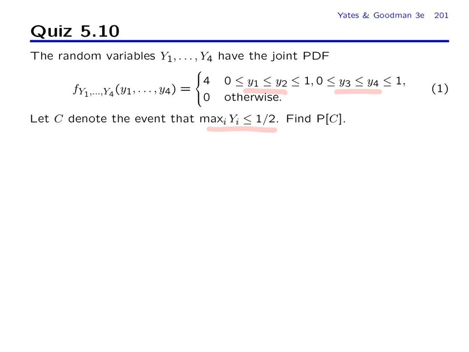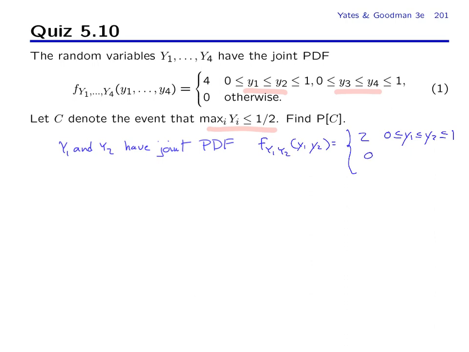Let's solve this problem. Y1 and Y2 have joint PDF f_{Y1,Y2}(y1, y2) equal to 2 for 0 less than or equal to y1 less than or equal to y2 less than or equal to 1, and 0 otherwise.